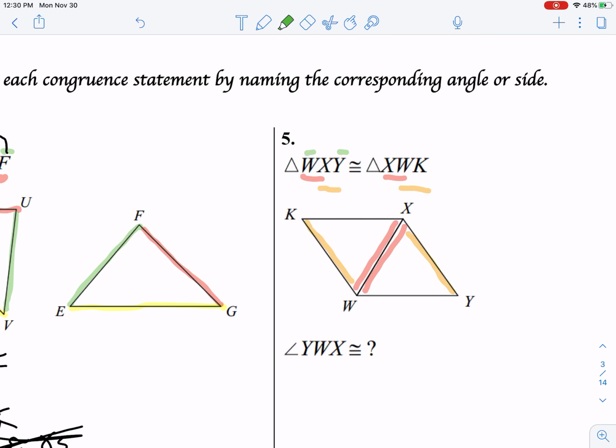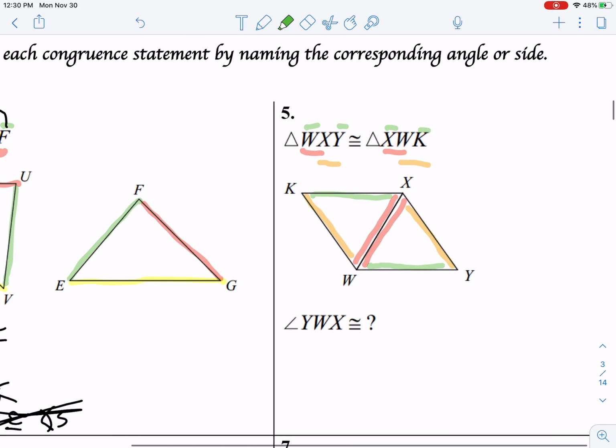And then YW to KX. All right. Okay. So YWX, this angle right here.